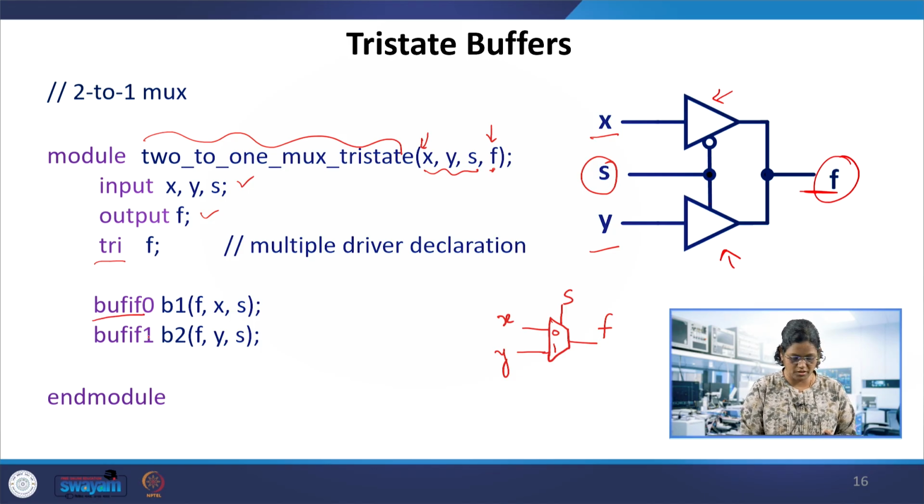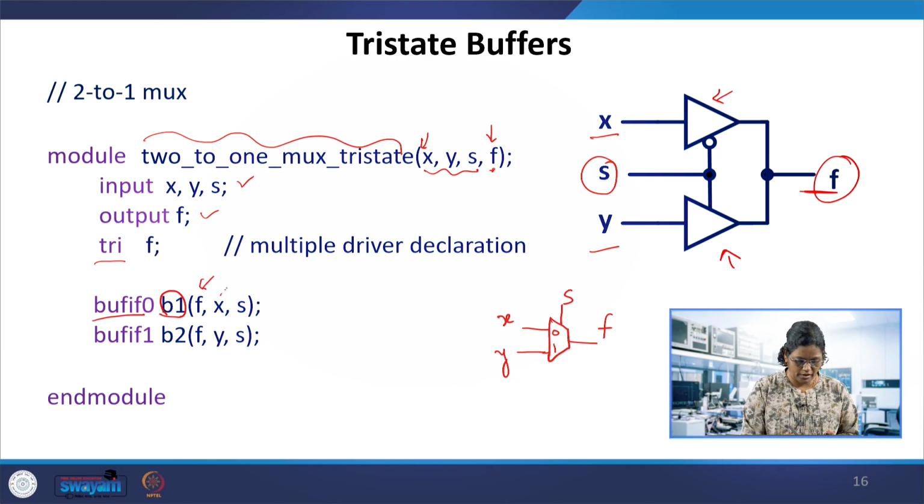These are gate instantiations. In the structural model, there are only 2 gates that need to be instantiated. Here the logic gates are available. So buff if 0, this B1 is an optional instance identifier, and F is the output.